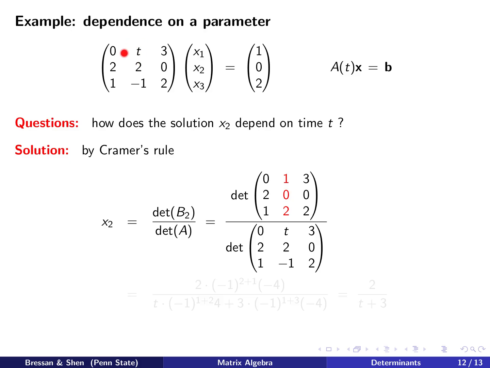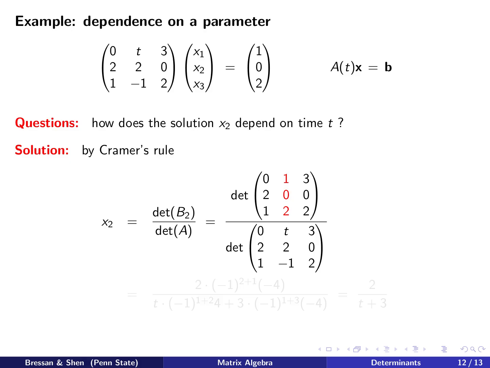So the A matrix would depend on this. We call this t, so we write A as a function of t. So the question now would be, how does the solution x2 depend on t? Okay, so that's a very specific curiosity.